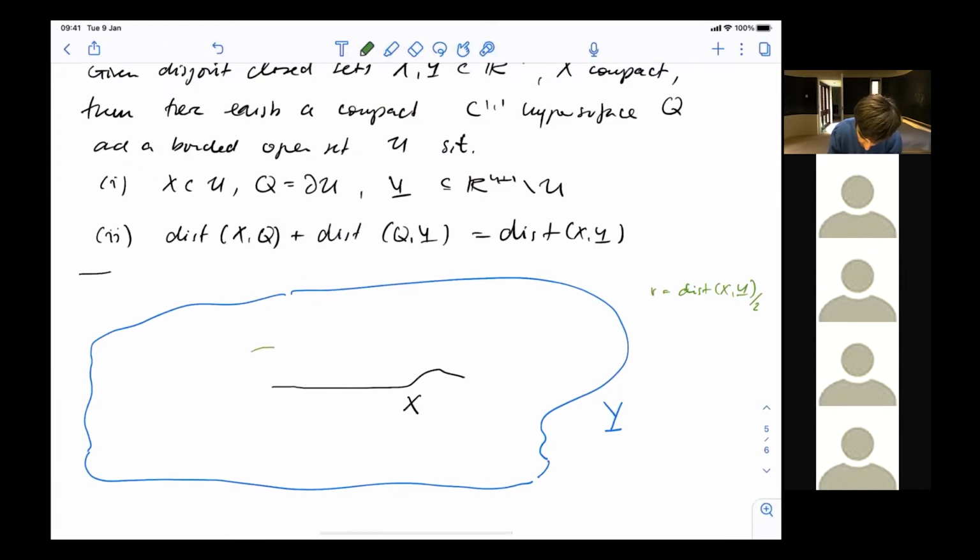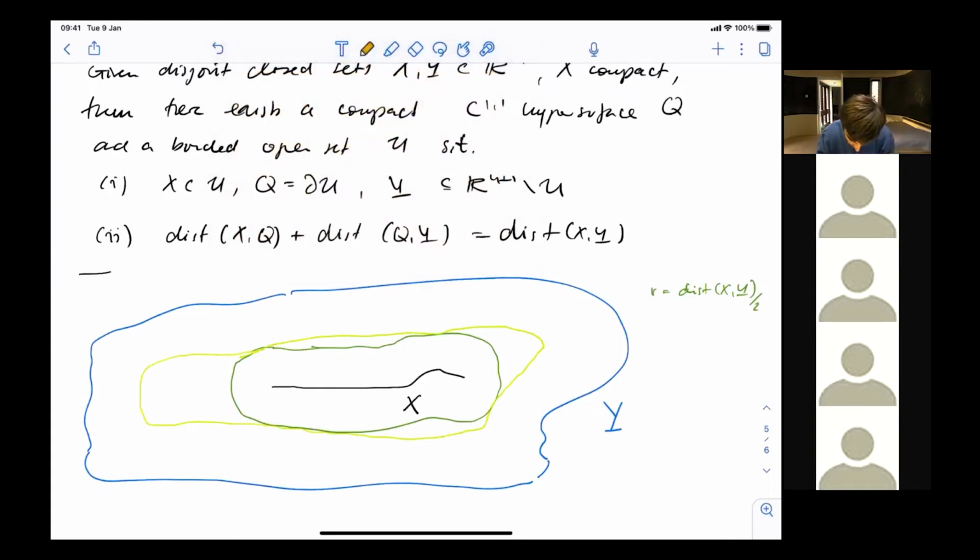Let's draw the tubular neighborhoods around X with radius r, and do this to the inside too. Here it lifts off. Maybe here there's another touching point. Now let's see what would be the closest connections here. Here would be one, here would be one, and here would be another one.